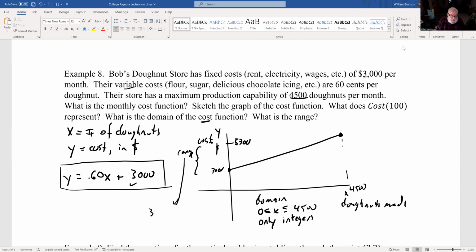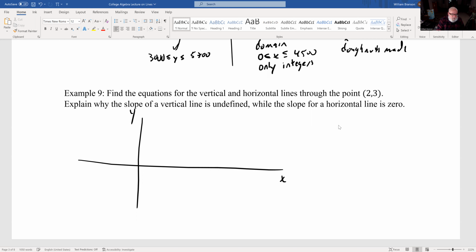Okay, vertical lines and horizontal lines. The point 2, 3. Here's x, here's y. 1, 2, 1, 2, 3. That's that point. Horizontal line is this. It's got the point 2, 3 on it.